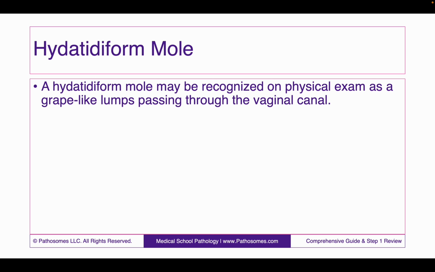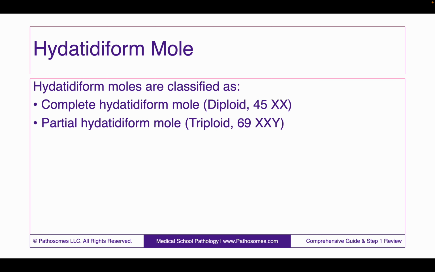A hydatidiform mole may be recognized on physical exam as a buzzword, grape-like lump passing through the vaginal canal. Hydatidiform moles are classified as complete or partial. You can have the complete hydatidiform mole, which is diploid, 46XX, or the partial hydatidiform mole, which is triploid, 69XXY.